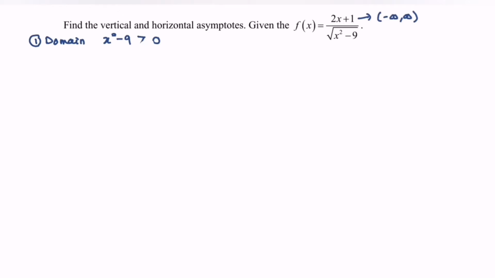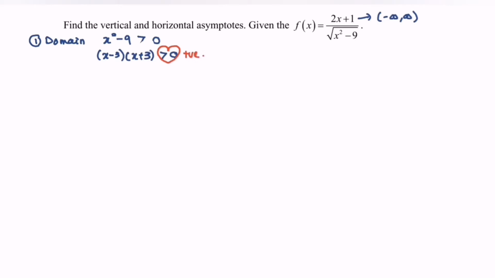So now we have to deal with the inequalities. First, we have to factorize the expression. Since this is the simplest form, it is time to identify the sign. We have a positive sign.